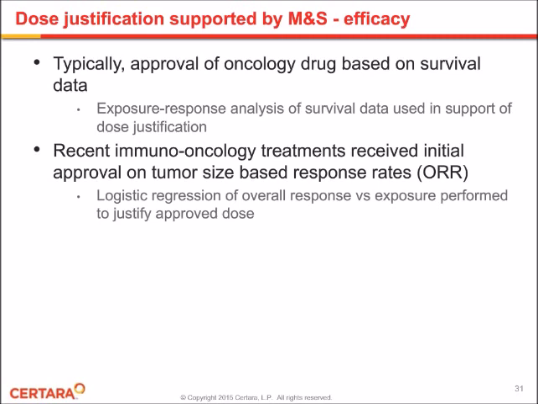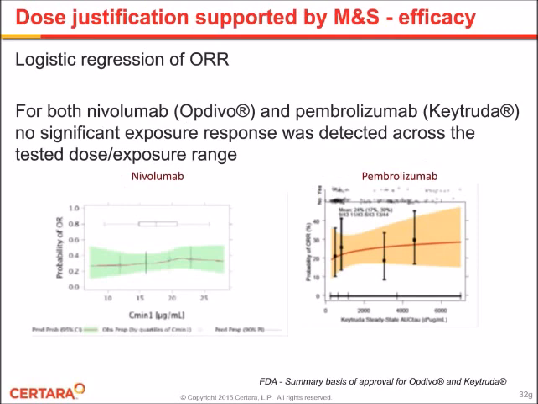justification. However, the recent immuno-oncology treatments that have been approved received their initial approval already on tumor size-based response data, or overall response rate, ORR. And logistic regression of that overall response was performed versus exposure to justify the approved dose. I'll show the examples here for both nivolumab and pembrolizumab, taken from the review materials of the FDA.